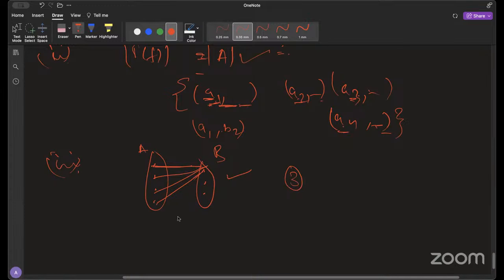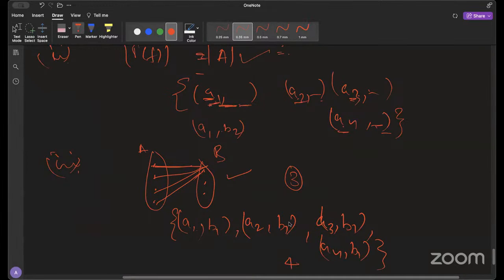But if you just write down all the elements that are there in the graph, it will be (A1, B1), (A2, B1), (A3, B1), and (A4, B1). So here we have 4 elements, but here we have only 3 elements.